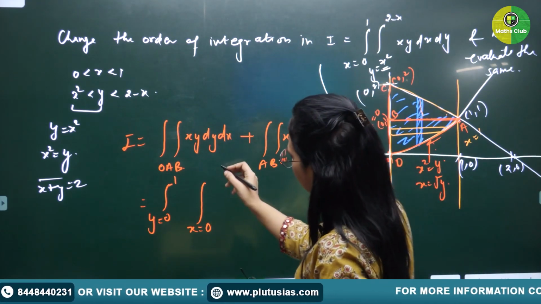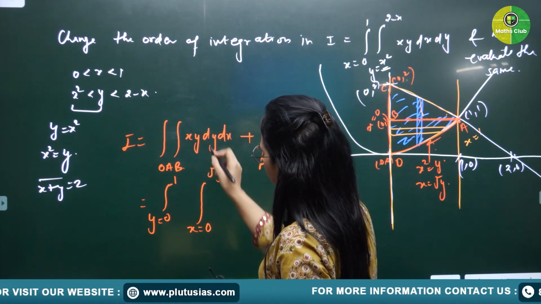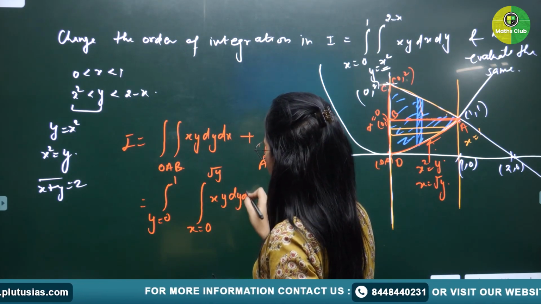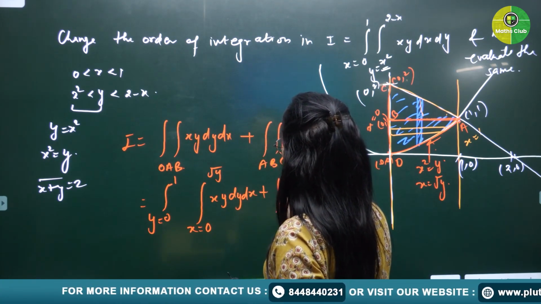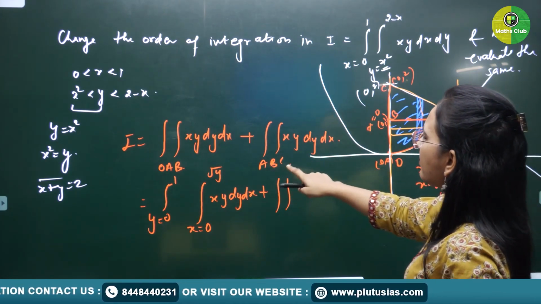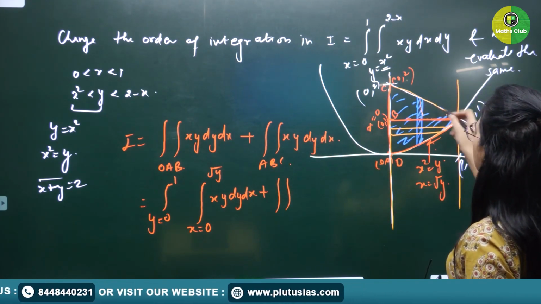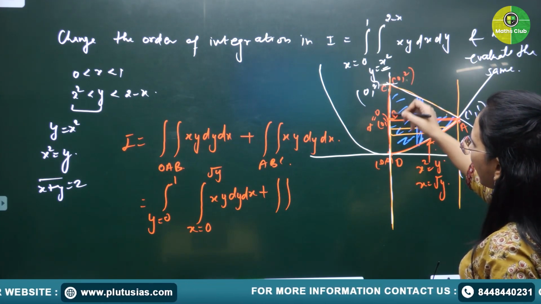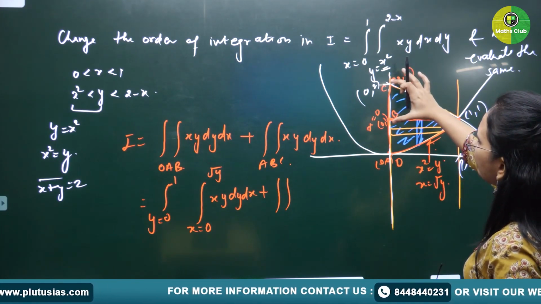So x runs from 0 to root y, and inside we have the function xy dy dx, plus the double integral. Now we have to write the limits over the region ABC. So in this region y runs from 1 to 2. Now the limits of y have changed because this time y is from here to here.